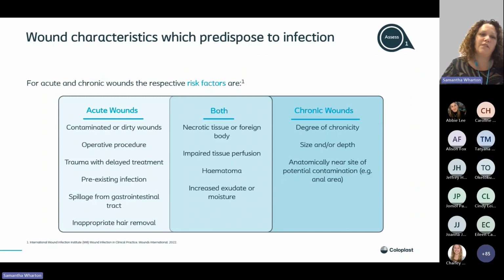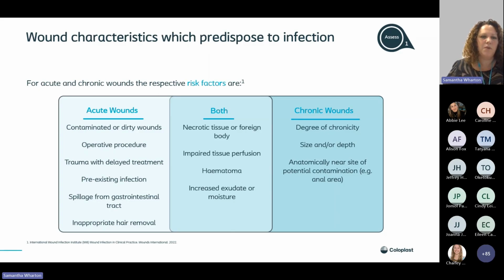Here are just some wound characteristics which predispose someone to infection. So you've got acute wounds, chronic wounds, and then in the middle, what will predispose that wound to more chance of infection on both of them. Again, I'm not going to go through all of these, but with those acute wounds, so contaminated or dirty wounds, I've had many patients that have caught their lower legs on commodes, for example.